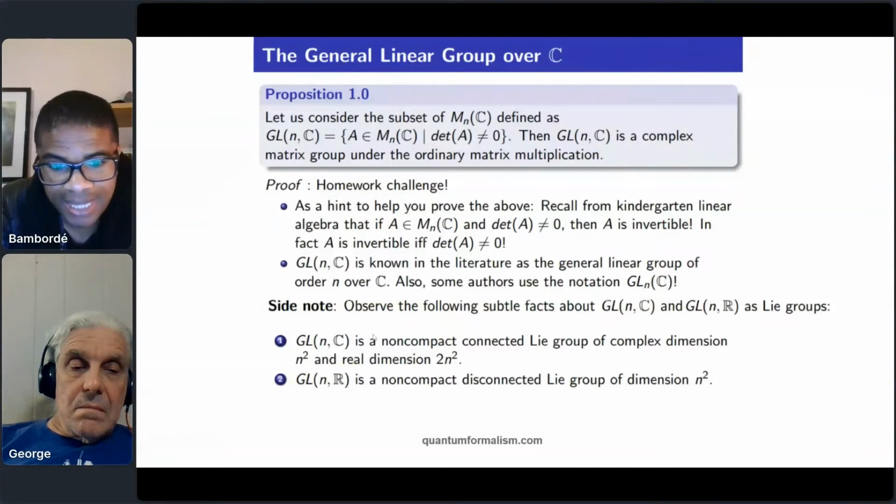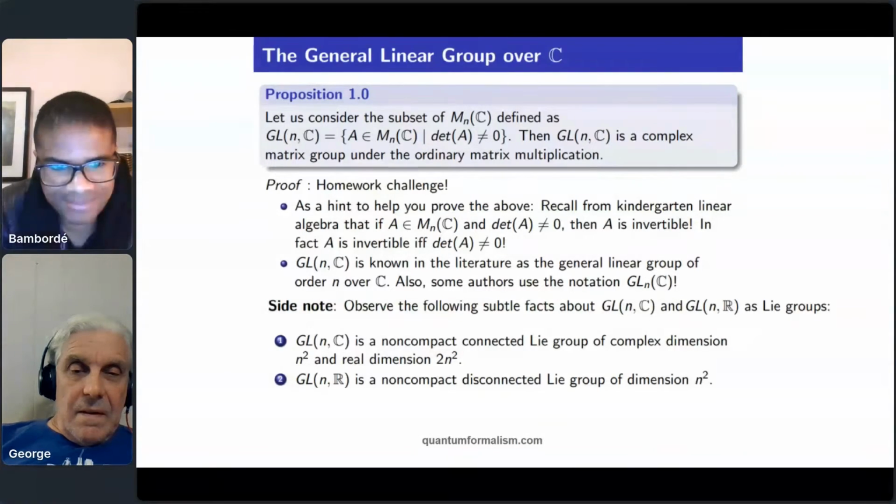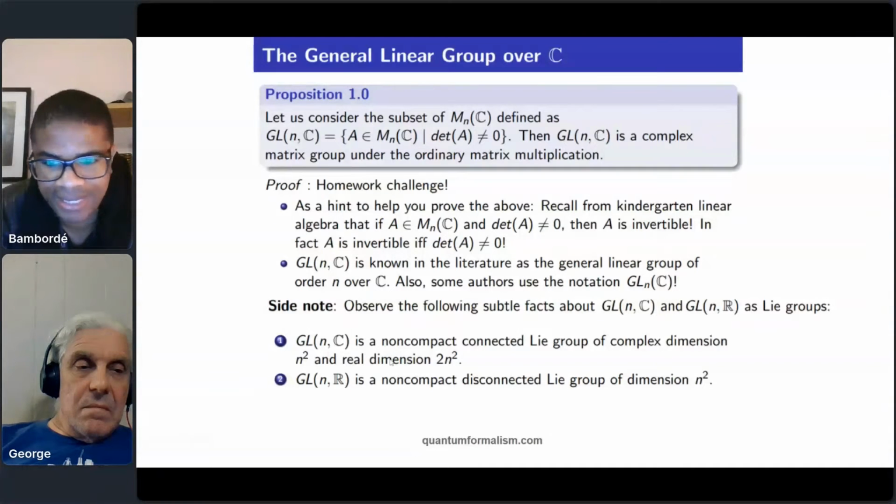So the complex one is a non-compact connected Lie group. So it's non-compact, but it's connected. Whereas the real case is non-compact but disconnected. So you see the subtle differences here. Okay, and notice this thing: I'm saying real dimension. It has complex dimension and real dimension.